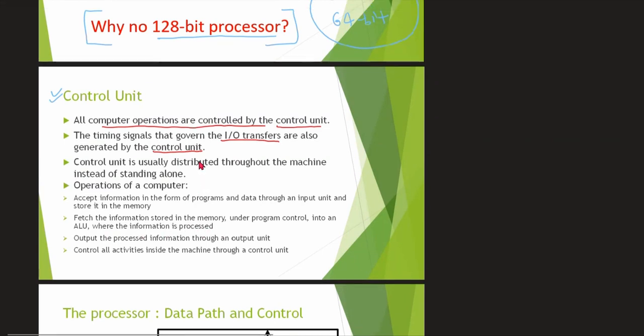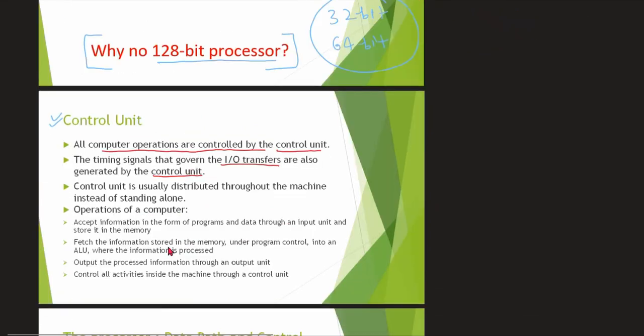So it's the same thing being explained further here. It will accept the information in the form of program and data through an input unit. Whatever programs and data are there will be put in by the input devices and stored into the memory.